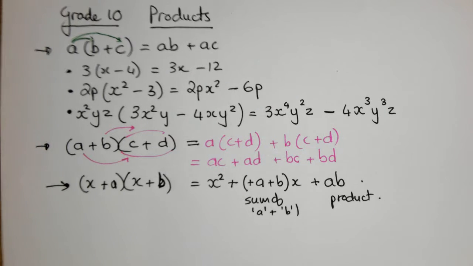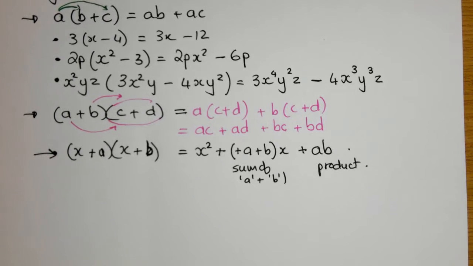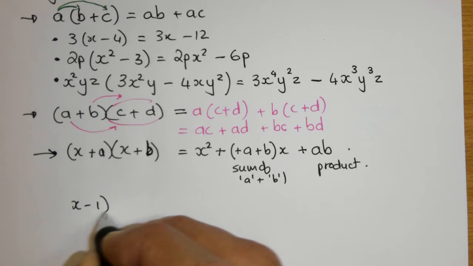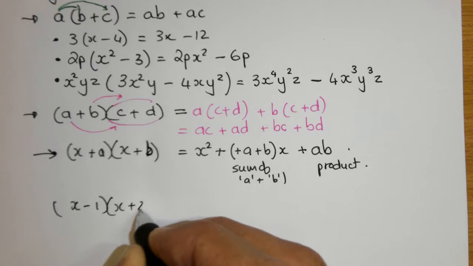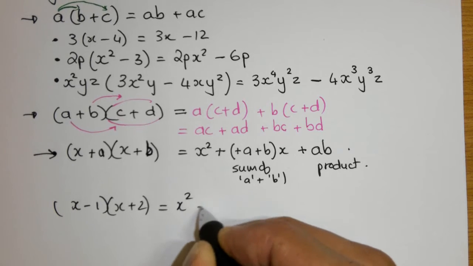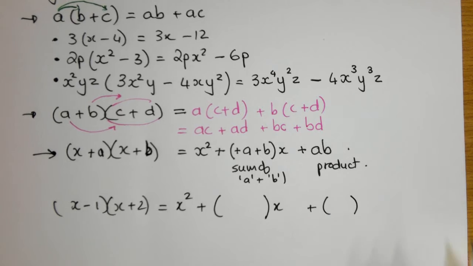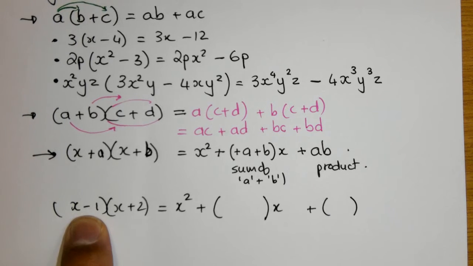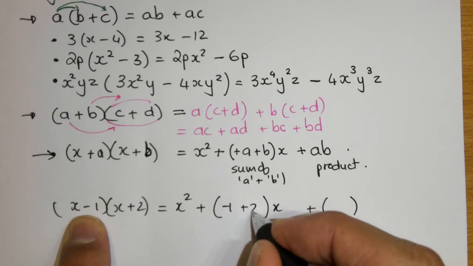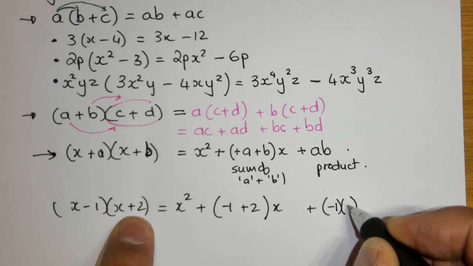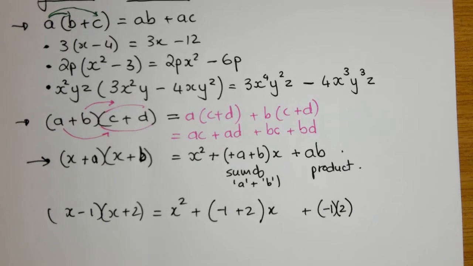Okay, so let's look at this distribution for two binomials. x minus 1 times x plus 2 is x squared plus the sum of the two, x, plus the product of the two, minus 1 multiplied by 2, goes in at the end.